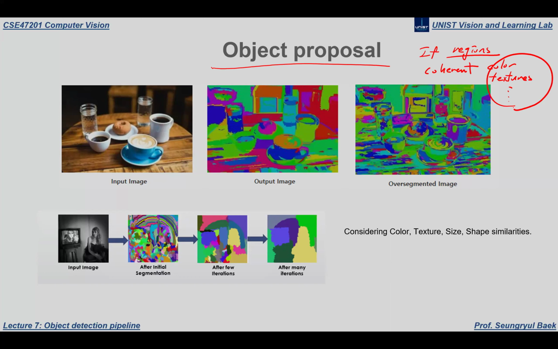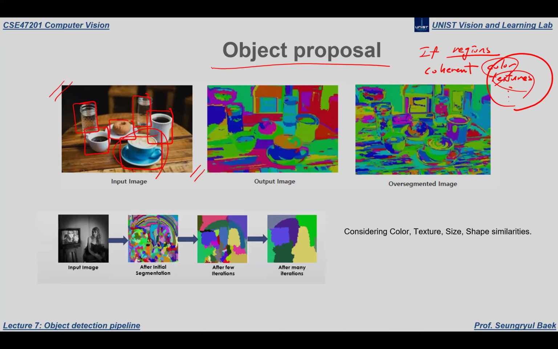So in the image, if some regions are having coherent colors, here blue colors are consistently observed, or they are having similar texture features, and their size is more than a threshold. Inside the object, these regions are object regions, and they are having coherent color and textures.